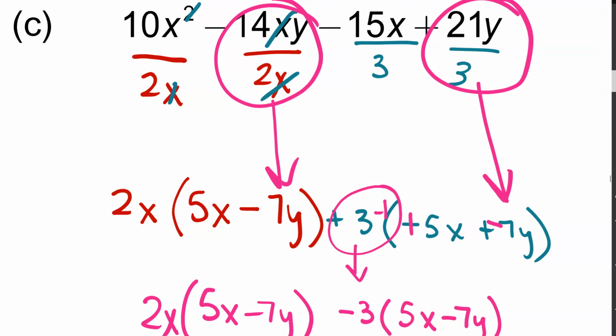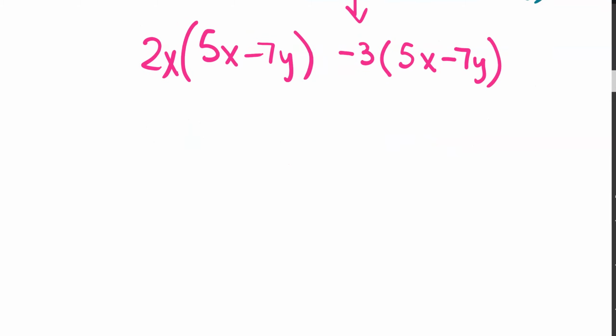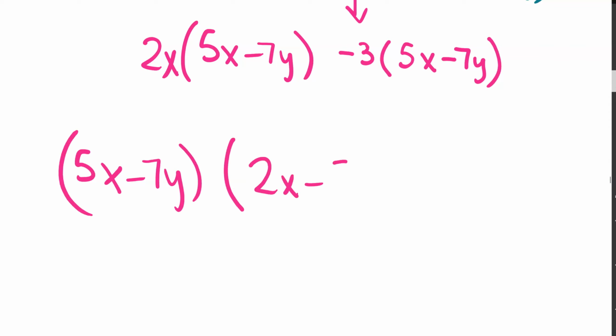This is where the y's came from. Okay, and then, of course, you see 5x minus 7y is in common. So I pulled that out and I'm left with 2x minus 3. Whew. All right. Questions about this page before we go on?